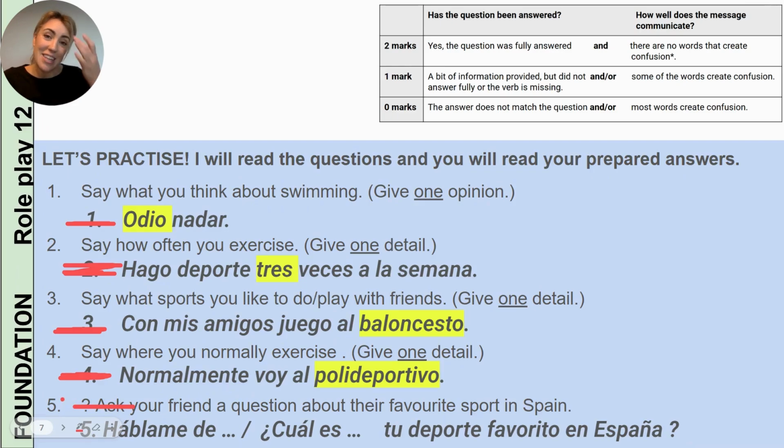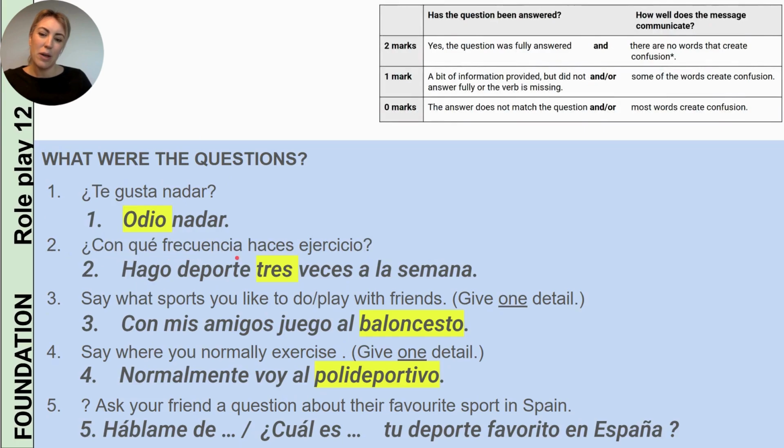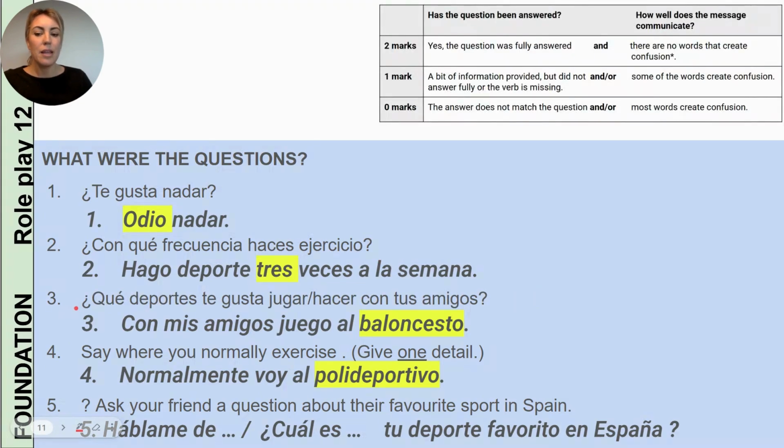Well, as you can see, it goes very quickly. And now let's take a look at the questions. What were the questions? The first one, ¿te gusta nadar? Do you like swimming? The second one, ¿con qué frecuencia haces ejercicio? How often do you exercise? The third one, ¿qué deportes te gusta jugar o hacer con tus amigos?